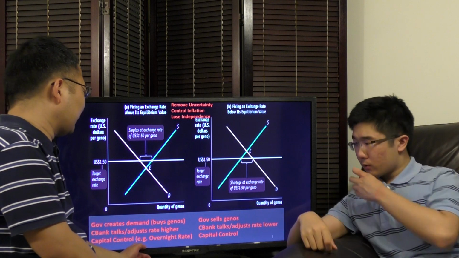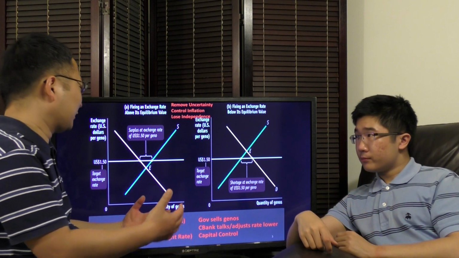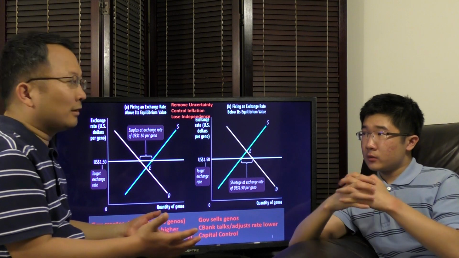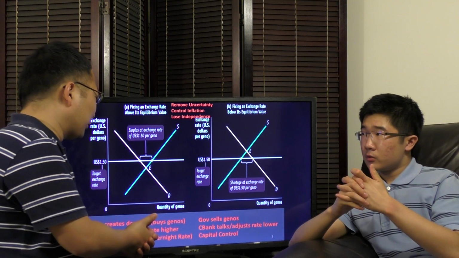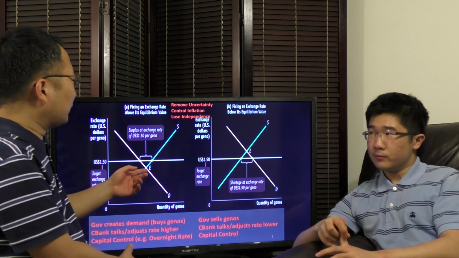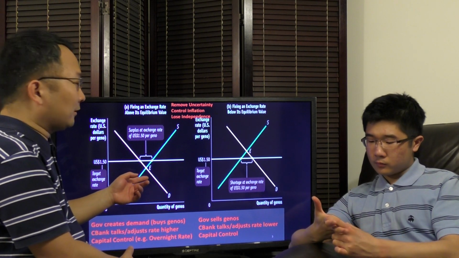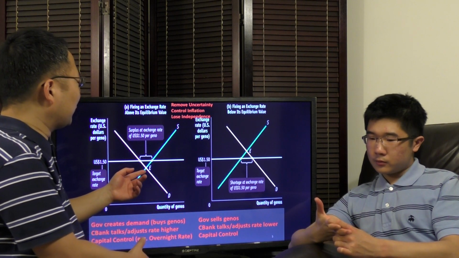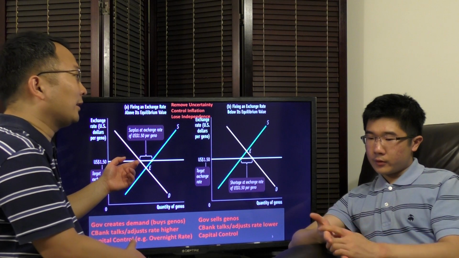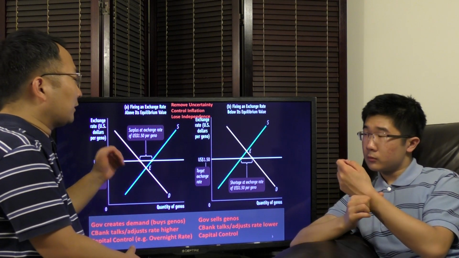Or finally, they can use capital controls. For example, make the overnight borrowing rate so high that you cannot really borrow the money to short sell. In this case, a lot of short sellers want to speculate, because they know the equilibrium is about 1.2, but the Geno government wants it at 1.5, so they're going to speculate.